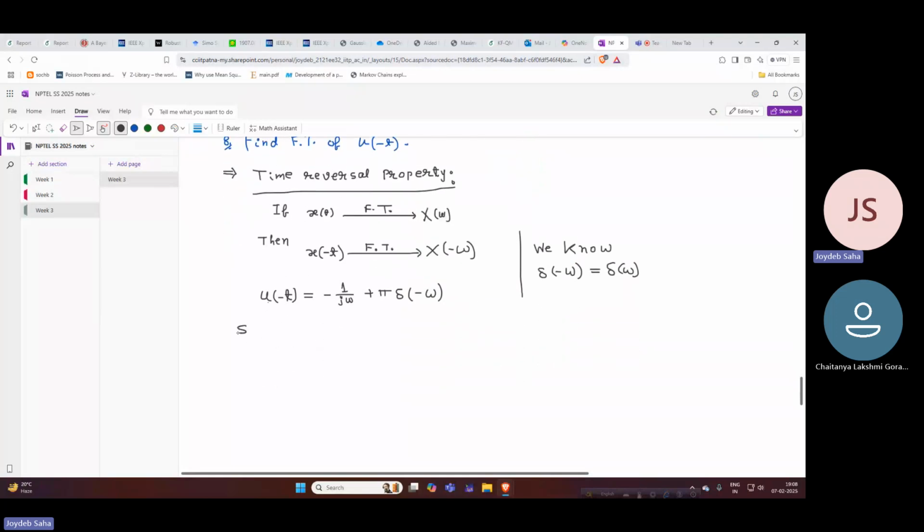So u of minus t is nothing but minus 1 by j omega plus pi multiplied with delta omega.